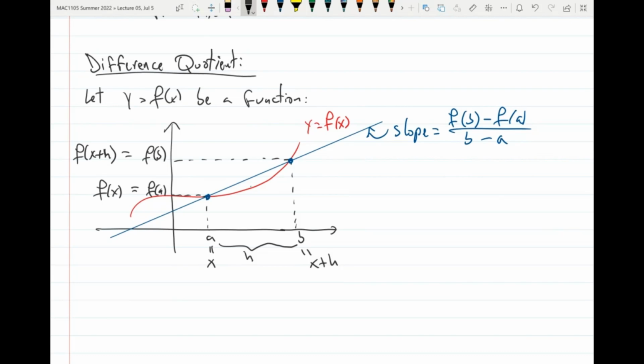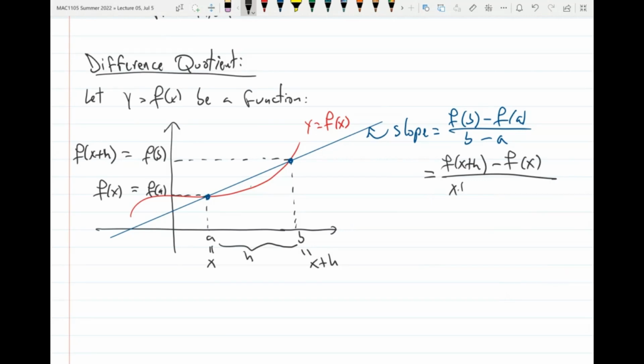So we come to our average rate of change formula, and we just write down our names. So instead of f of b, we have f of x plus h. Instead of f of a, we have f of x. And then what's b minus a? We can put the thing, or we use our intuition. That's exactly this distance, right? Which is just h.